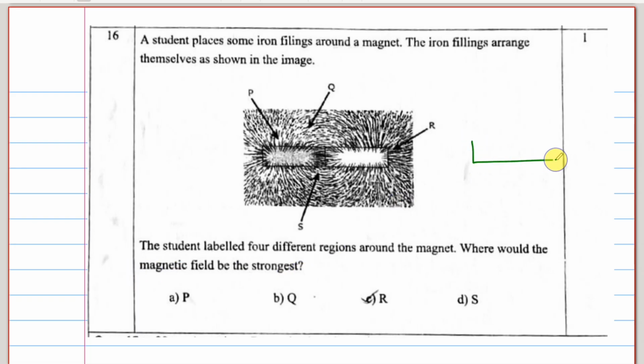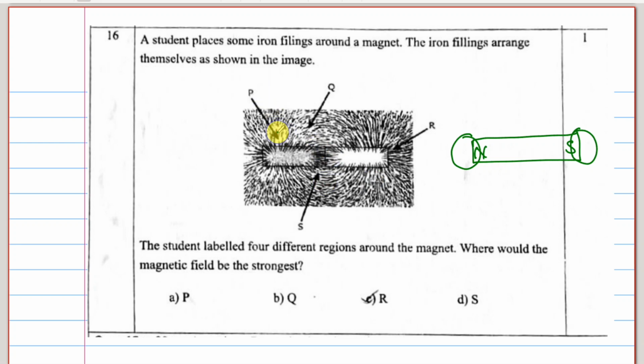In a bar magnet, we know that the magnetic field is the strongest at the poles, North Pole or South Pole. They have not mentioned which pole is north or south, but we need the region around the pole of the magnet, where the magnetic field is very strong.